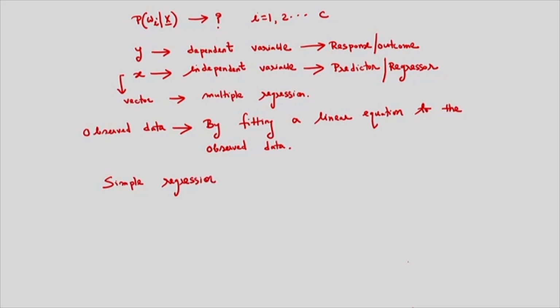In simple regression, we are considering only one dependent variable and one independent variable.